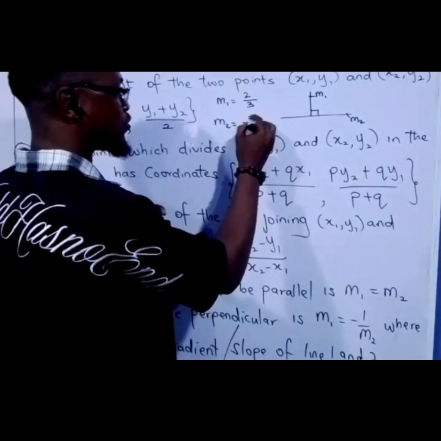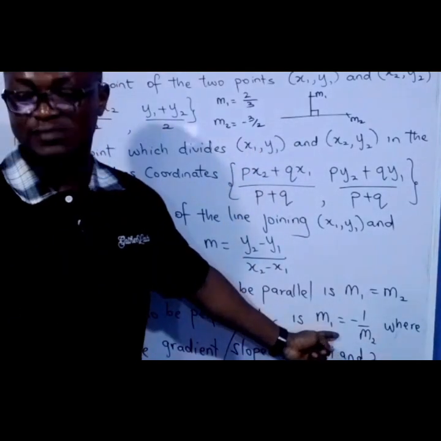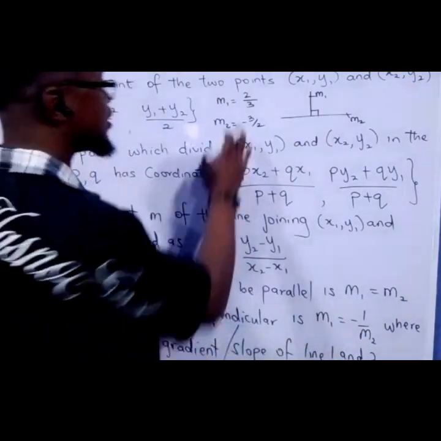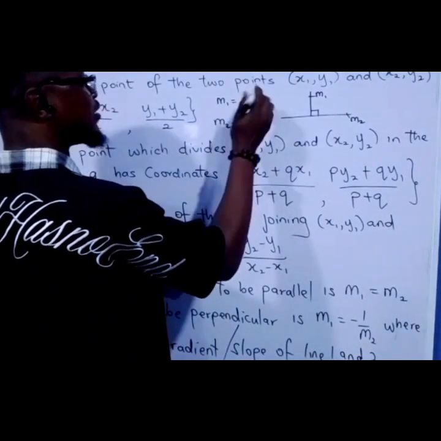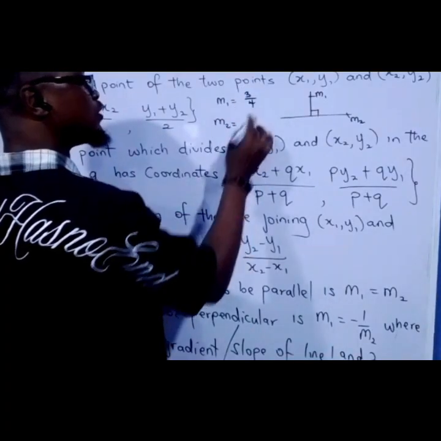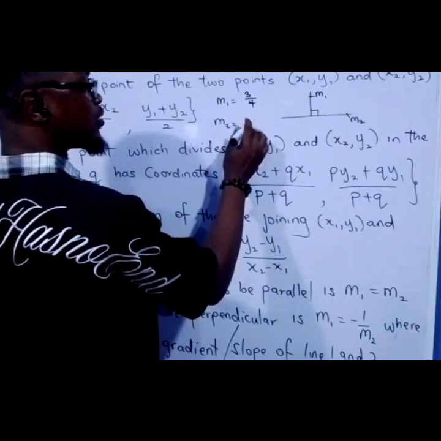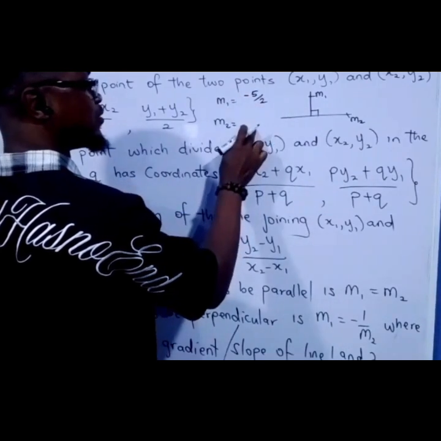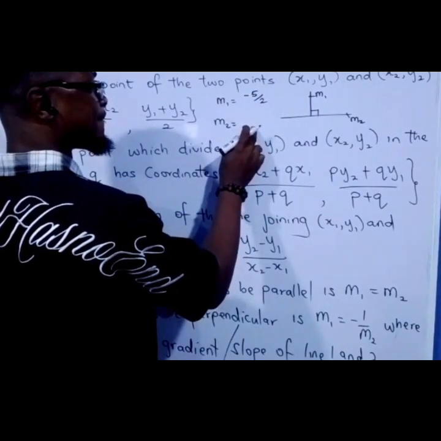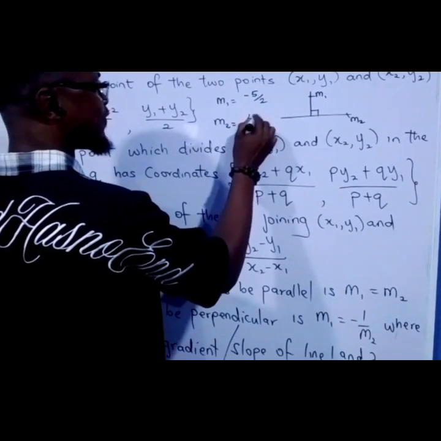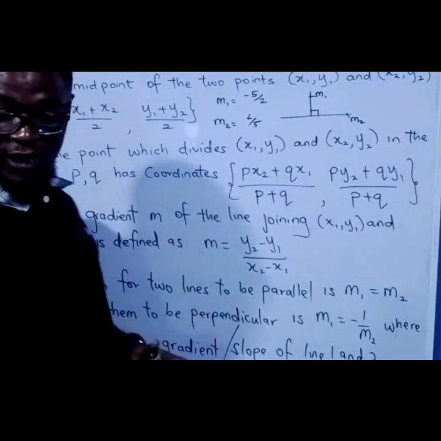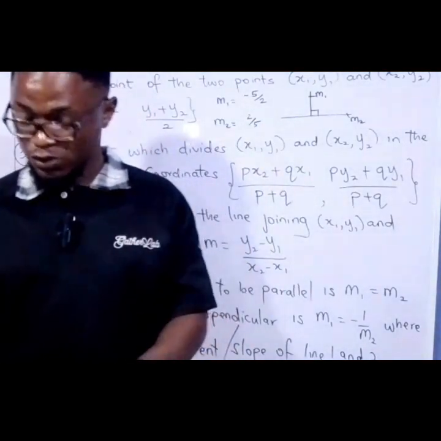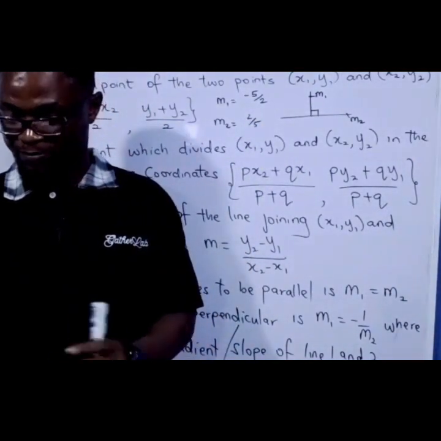Minus 3/2. If you have something like maybe 3/4, what would this one be? Minus 4/3. What if you have minus 5/2? What will it be here? 2/5. Beautiful.